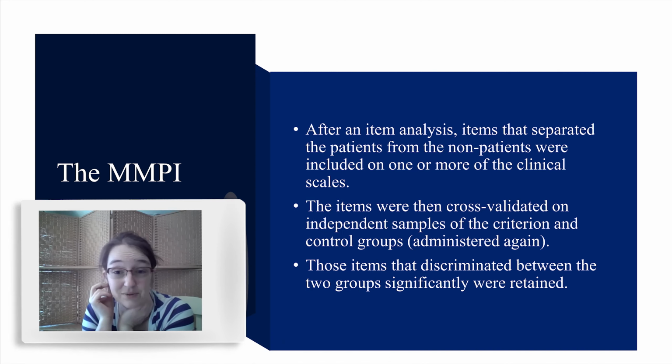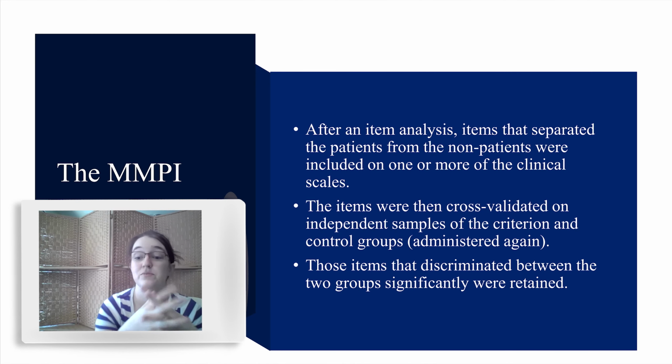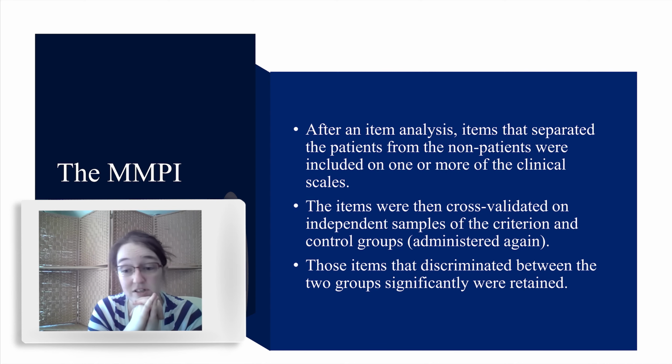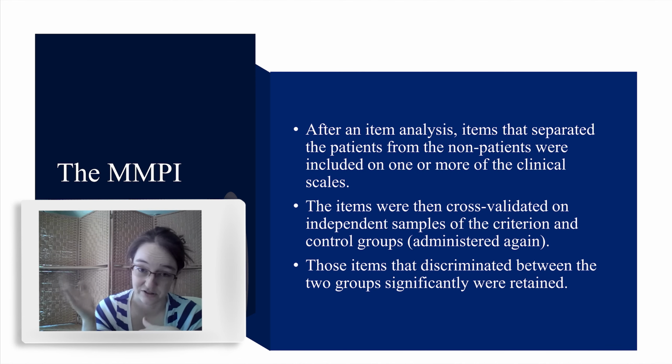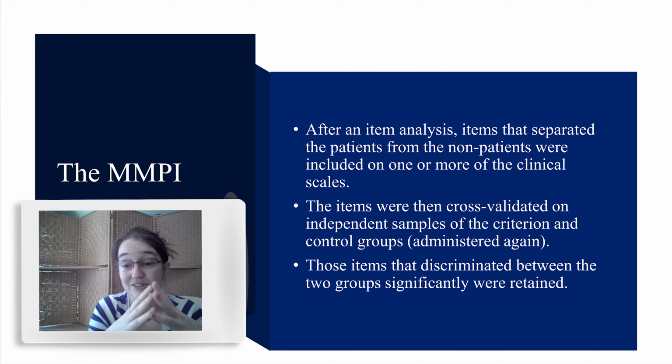So what they did was an item analysis. They looked at which items discriminated between patients in any of those 7 groups and the non-patients, and those were included in one or more of the clinical scales if those questions distinguished.